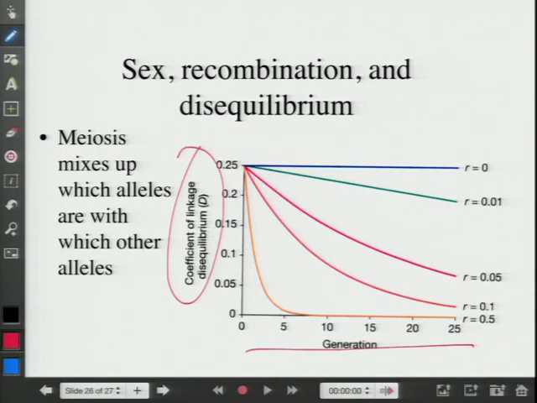If recombination is 0, what happens to linkage disequilibrium? Nothing, right? The more recombination there is, the faster you restore the equilibrium state where there's no linkage disequilibrium. And that's what sex does in a microevolutionary sense.